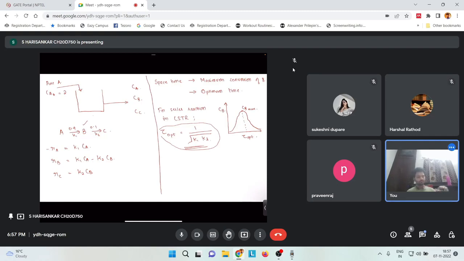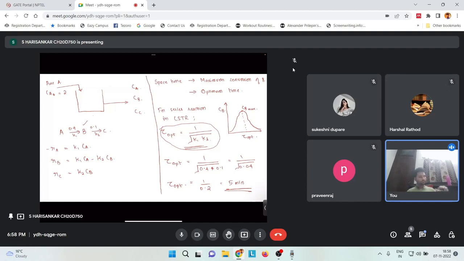So if we substitute K1 and K2 here, we can find tau optimum as 1 by root of 0.4 into 0.1, that is 1 by root of 0.04, or 1 by 0.2, and that will be 5 minutes. So the space time that we need to proceed with the question is tau optimum, and that is 5 minutes.